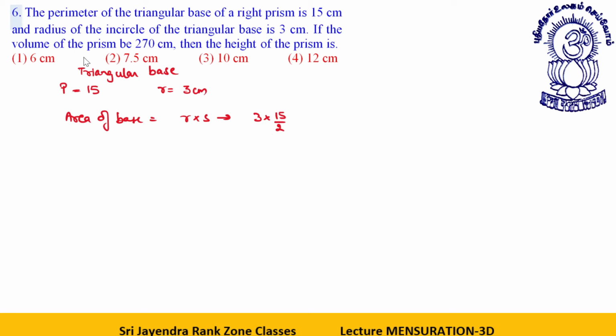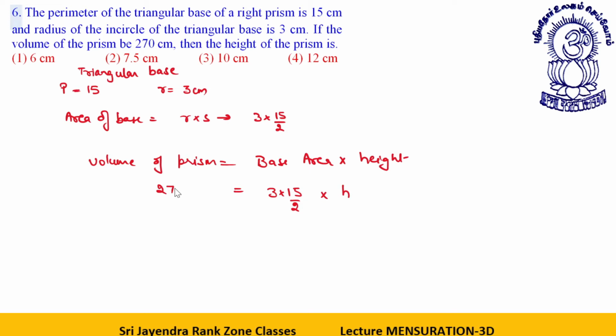If the volume of the prism is 270, then the height of the prism is? See what is the formula? Volume of prism is equal to base area into its height. Base area you have already found out, 3 into 15 by 2. Height is h.